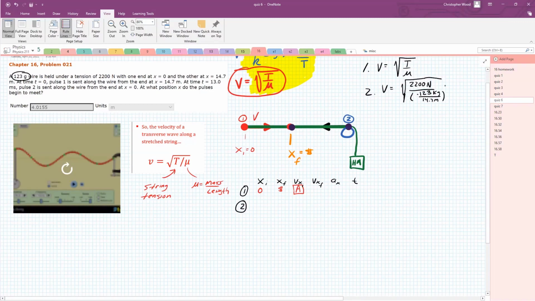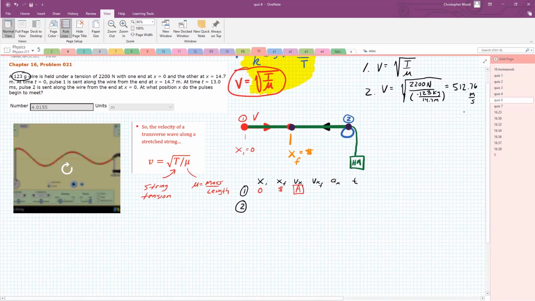So here's the string velocity, which I'll store in memory location A. What is the square root of 2,200 divided by 0.123 divided by 14.7? It's 512 and some change. 512.7 meters per second, which is faster than the speed of sound, which is not at all hard to believe, because a string can carry sound very efficiently compared to air.